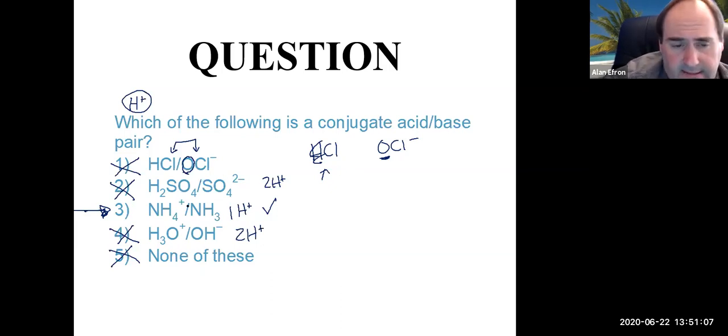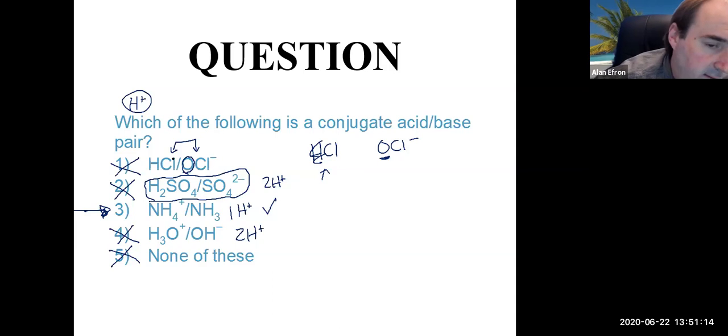Now, some may be asking, why are these guys not pairs? And we'll talk a little bit more about this a little later, but just to sort of tie it into what we're talking about now, H2SO4 is sulfuric acid, and sulfuric acid is what is known as a diprotic acid, and it has 2 hydrogens that can come off. But hydrogens or H pluses, they come off not all at once. They actually only come off one at a time.